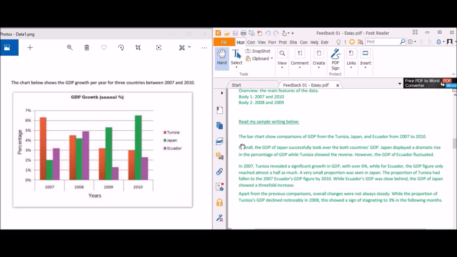You cannot write less than that. The minimum is about 150 words. So how do you count the words?